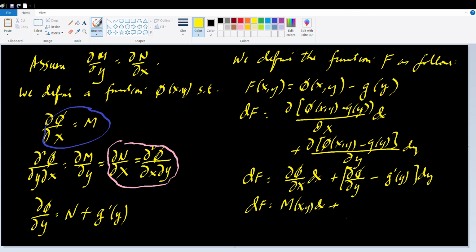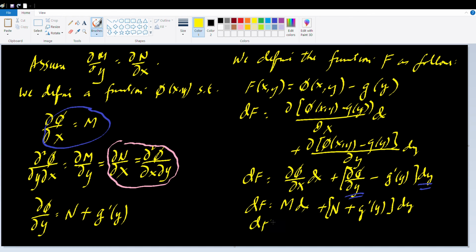So let me just rewrite this simply as M dx plus the partial of phi with respect to y, dy, which is none other than N, that will be N plus g prime of y, dy.